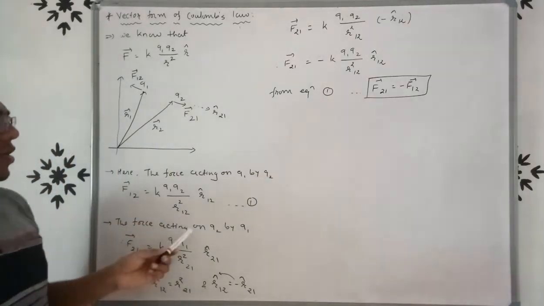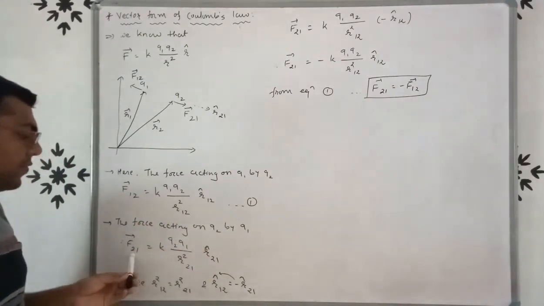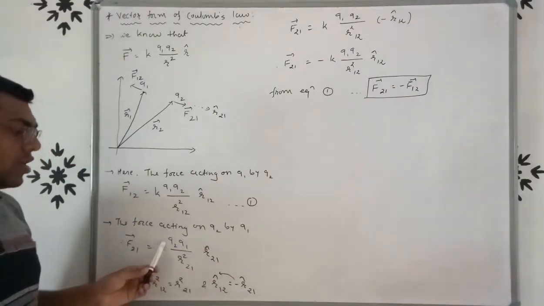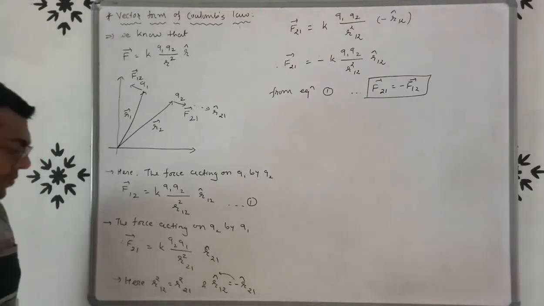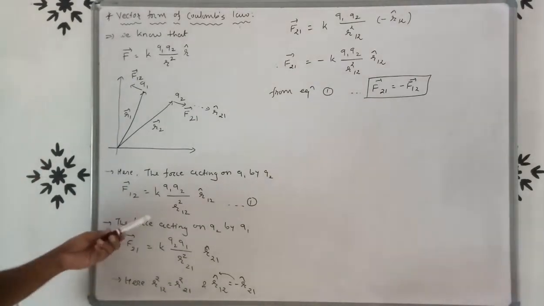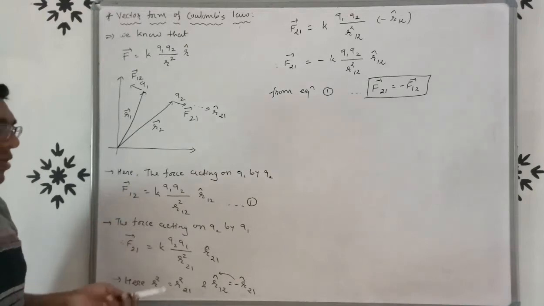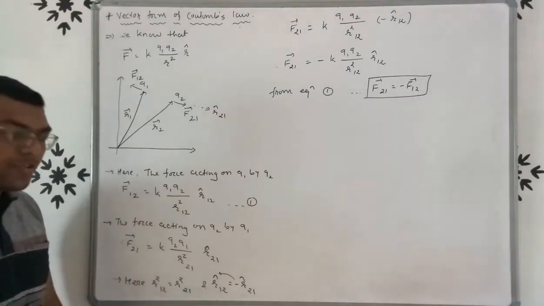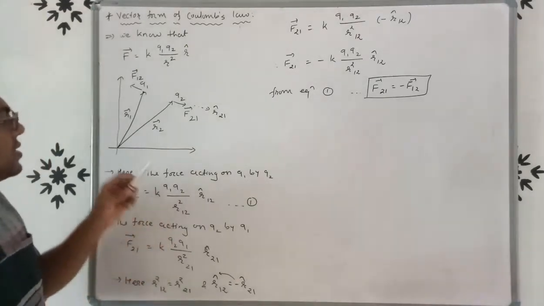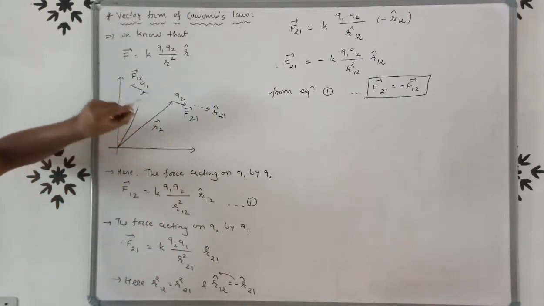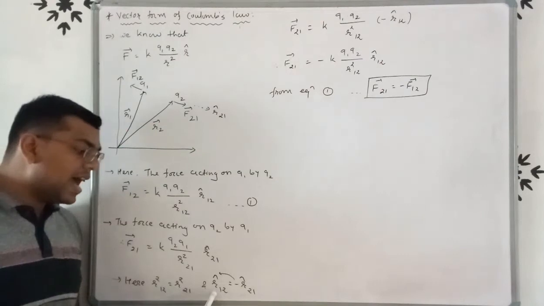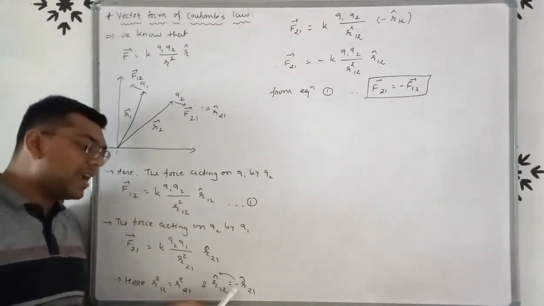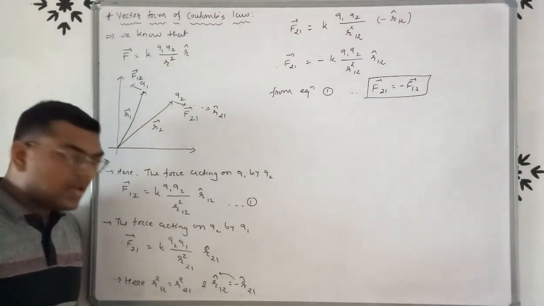The force acting on Q2 by Q1, F21, is equal to K Q2 Q1 upon R square 21 R cap 21. But the values of R square 12 and R square 21 are the same because we take the magnitude, while the directions of R cap 21 and R cap 12 are opposite.